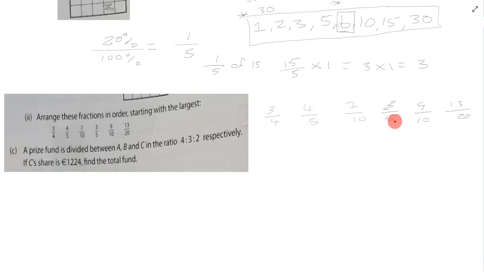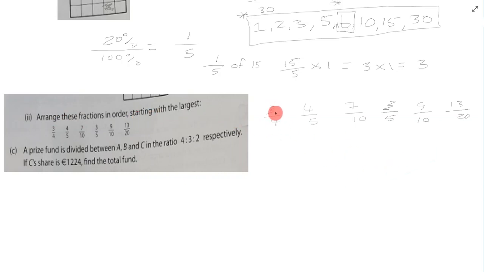We want them all to be 20. So we have to think about what we have to do to the bottom number to change it to 20. Once they have the same denominator, we can start to compare them and arrange them in order, starting with the largest fraction.